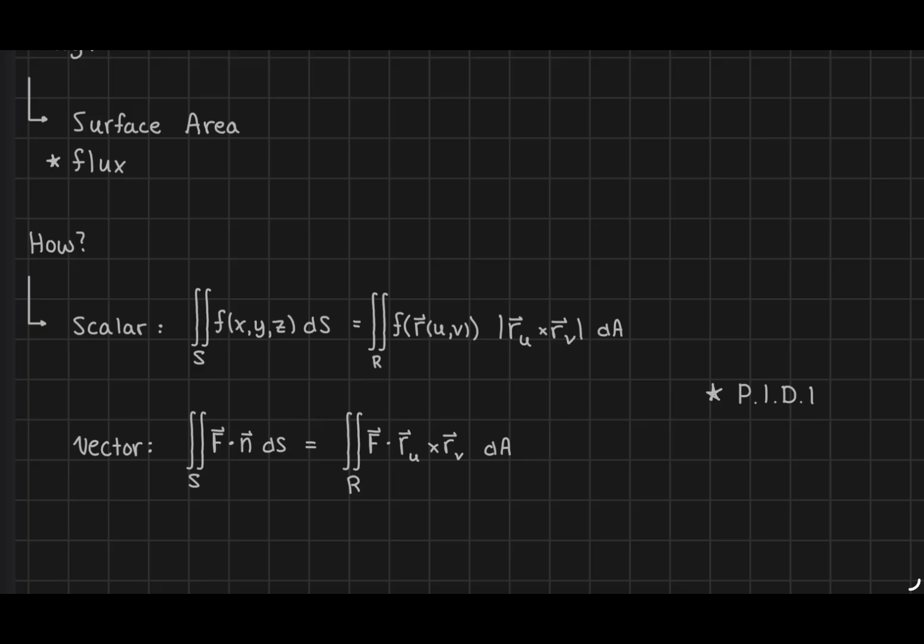I'm going to get into that a little bit more later on, but in the differential, we're going to be taking a cross product of r sub u cross r sub v. If we recall earlier, it's essentially going to be a stretch factor, like we were talking about with Jacobians earlier on in Calculus 3.